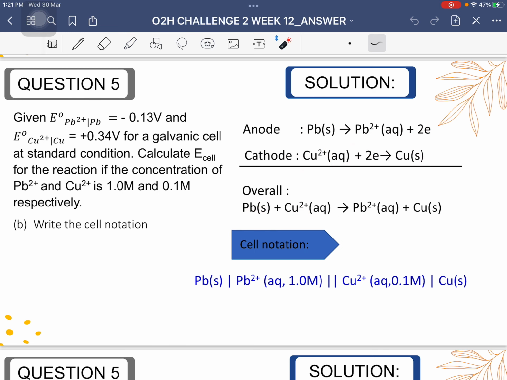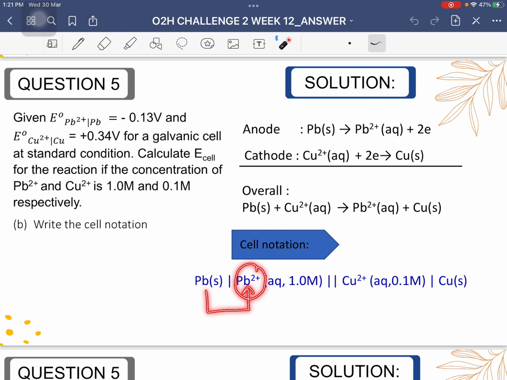After that, we construct the cell notation. We are referring to the ABC rule. A is the anode, B is the bridge, and C is the cathode, where Pb solid becomes Pb2 plus.